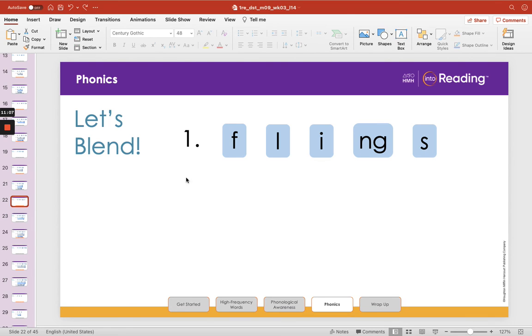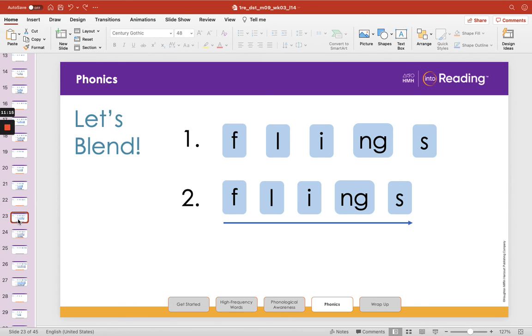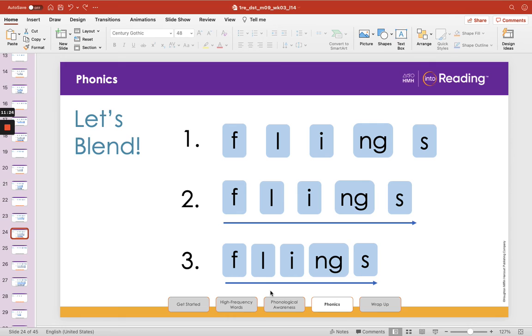So say the letters and the sounds with me. F, L, I, N, G, ng, S. And in line 2, we can blend all those sounds to read our word flings. And in line 3, we can put it all together. Flings.